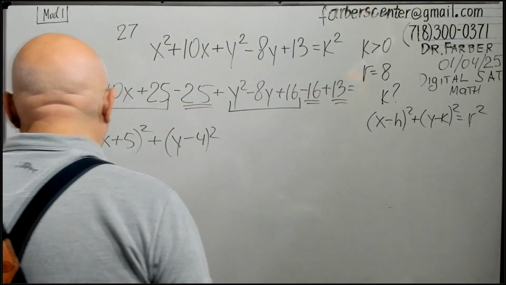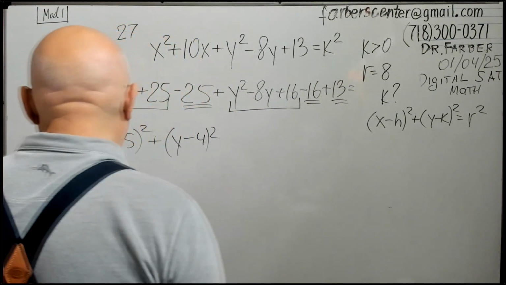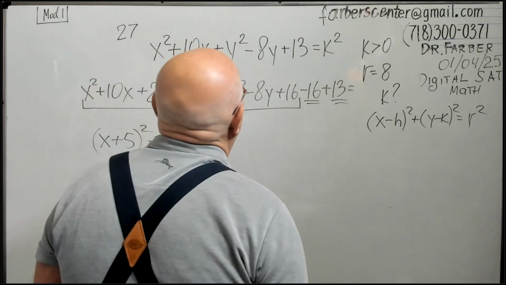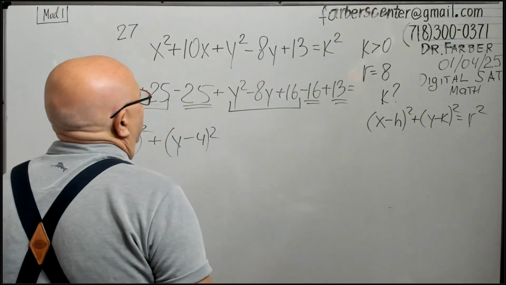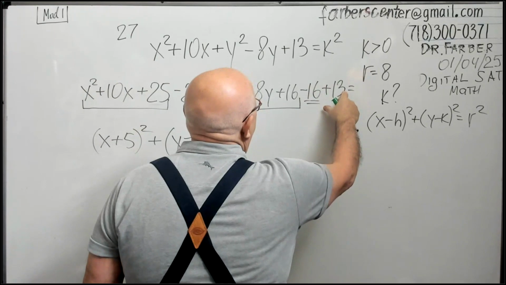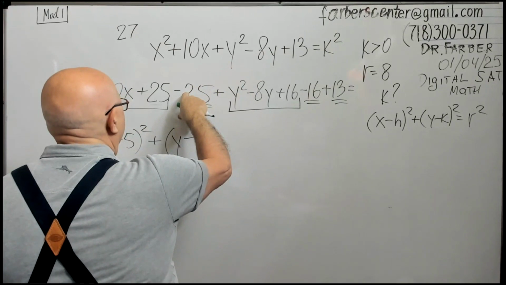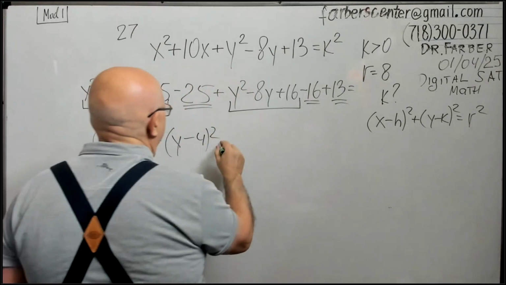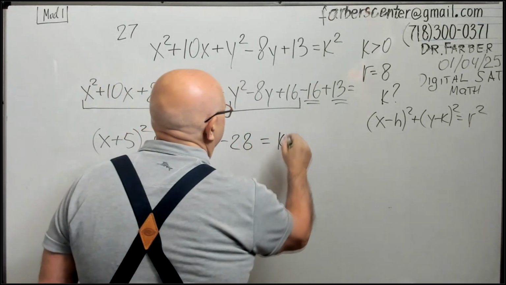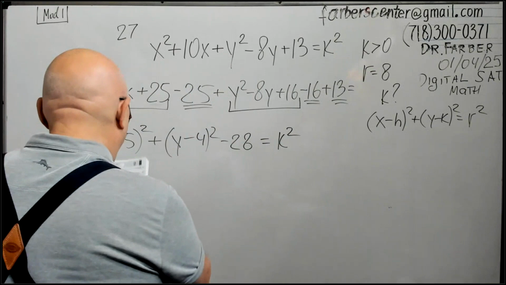Okay, that's going to find the value of k. Minus 16 plus 13, minus 3, minus 3 plus minus 25, minus 28. And this equals k to the second, right? Agree on this?